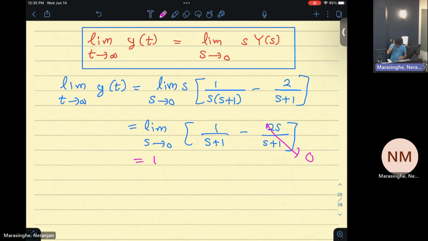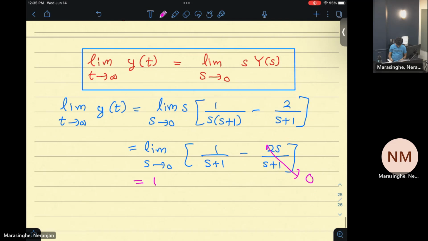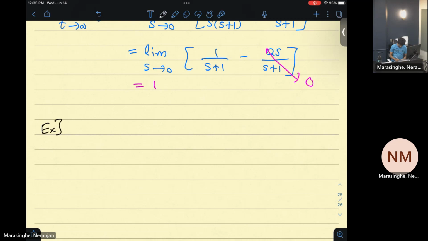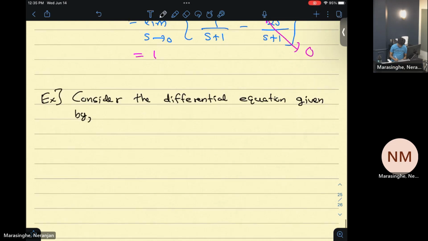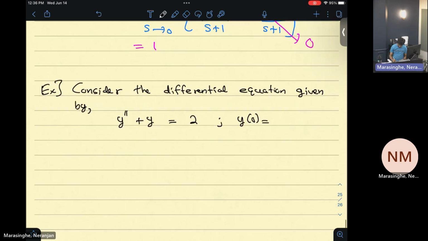I'll do another example. Consider the differential equation given by y double dash plus y is equal to 2, with y(0) equal to 0 and y dash (0) equal to 1.